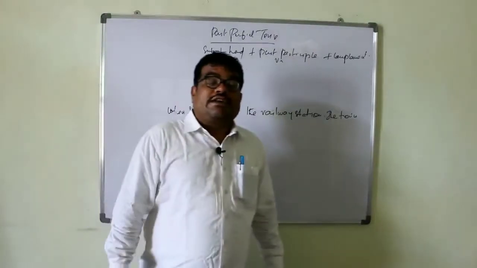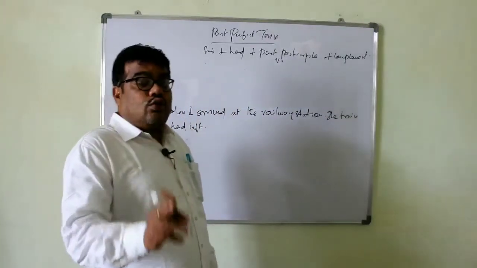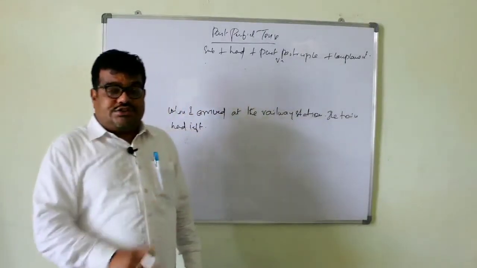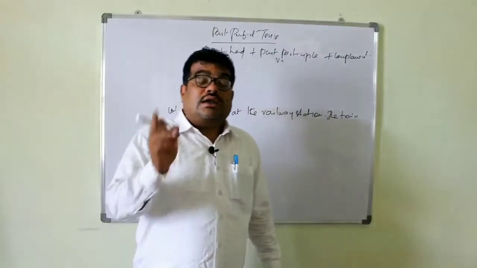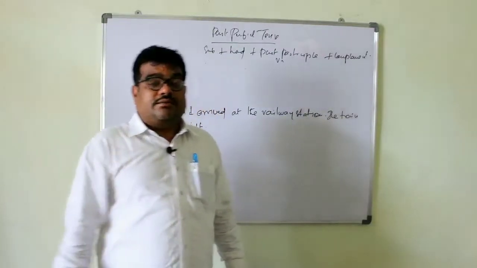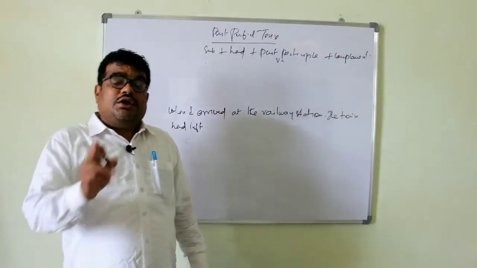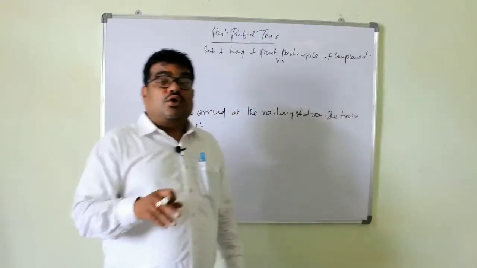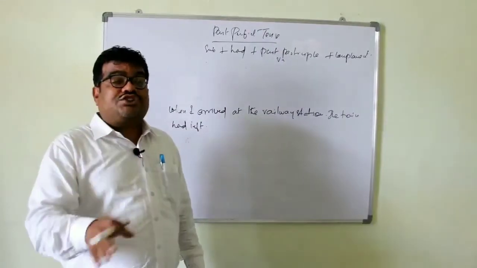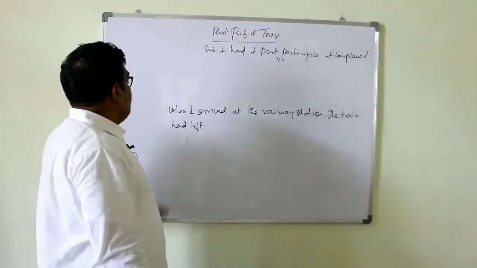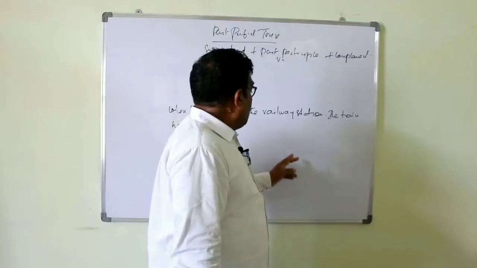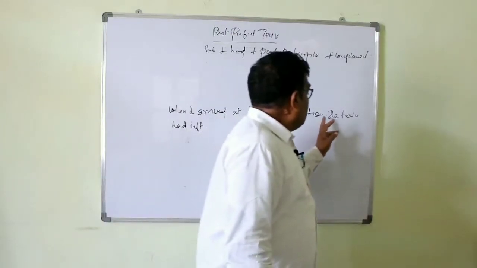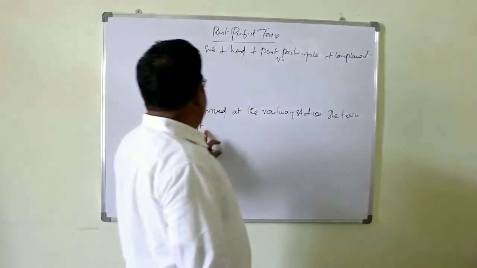The past perfect tense is used to denote an action in the past before another past action was begun. Example: when I arrived at the railway station, the train had left.